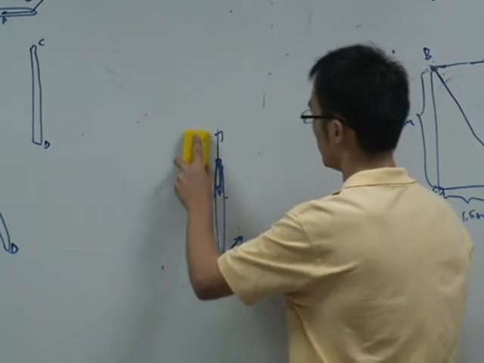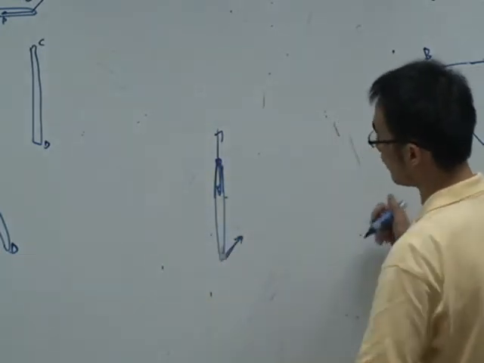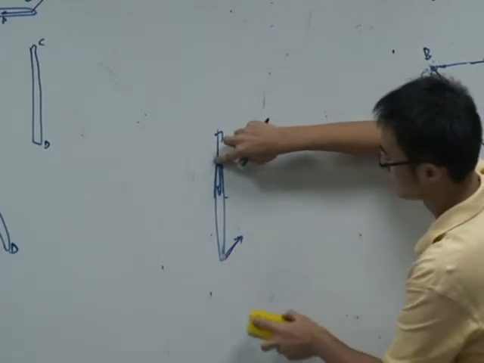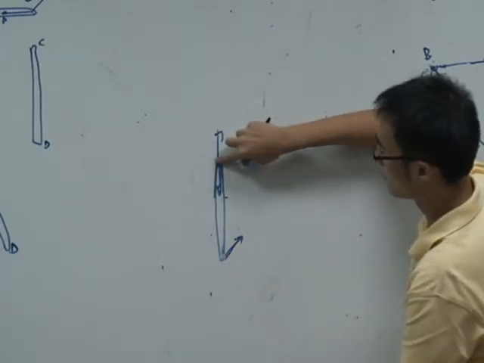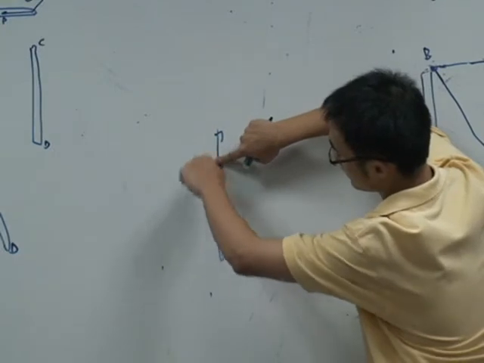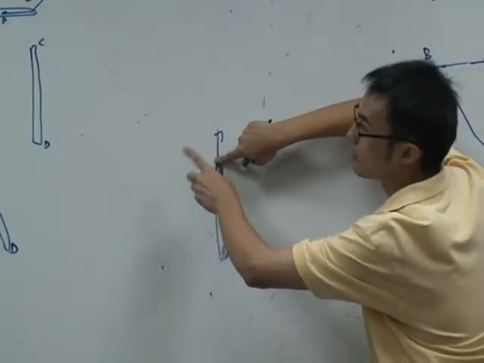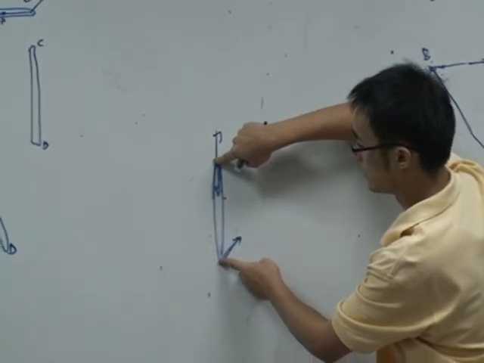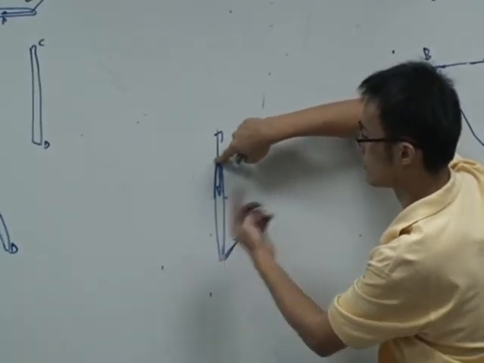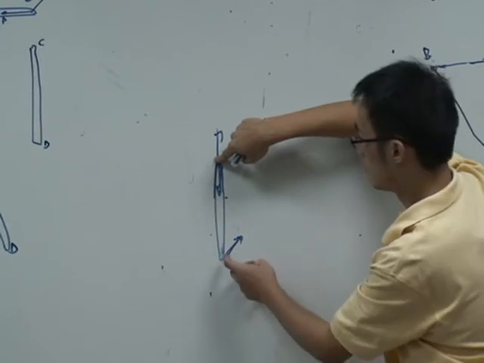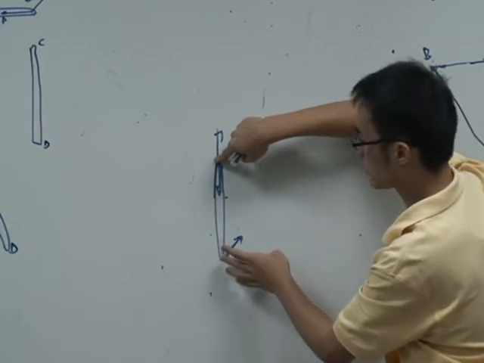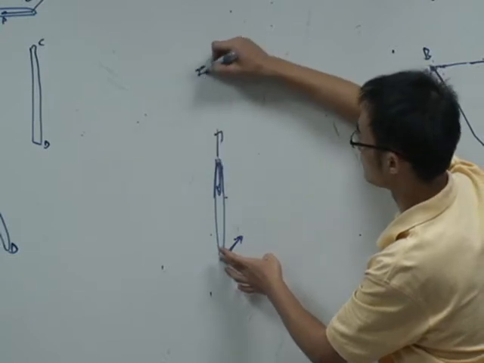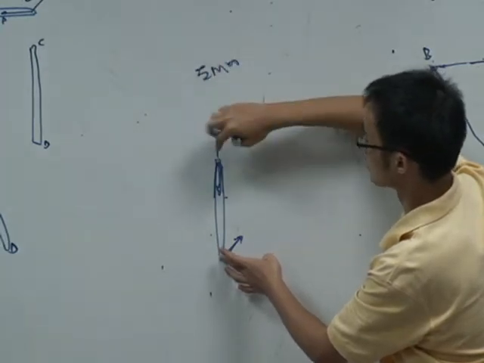Remember, it is the same logic for us to analyze this one. If we cover this, all the forces on this point will not create any moment. So we just need to look at the other end, which has forces able to create moment. In order to maintain the static equilibrium of this one, sigma M equals 0.